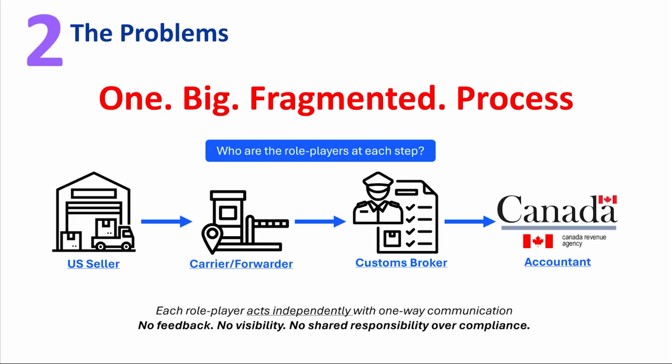So you've got yourself, the exporter, the US business, who then works with a carrier and a freight forwarder, who then hands over all the required documentation to the actual agents at the customs post or at the border post.